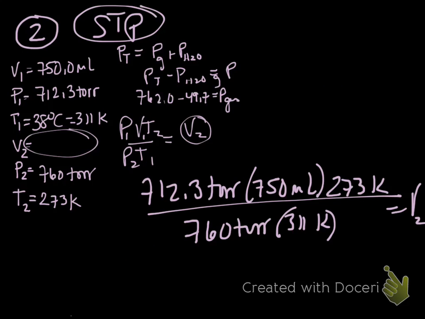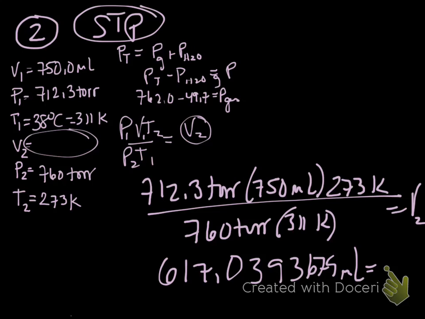So we've got everything plugged in here, and what we get for a raw answer is 617.0393679 milliliters for V2. Okay, so for our sig fig answer, how many sig figs do we have to work with?